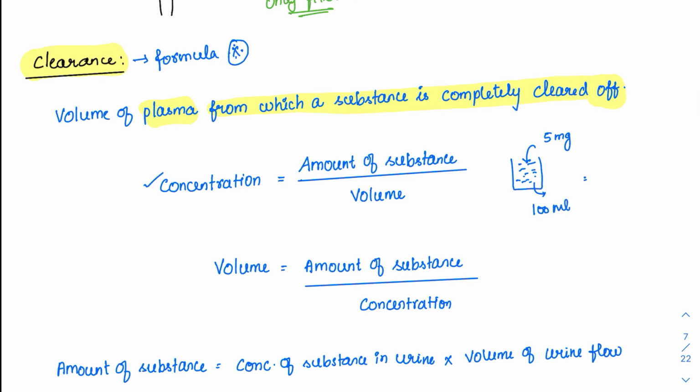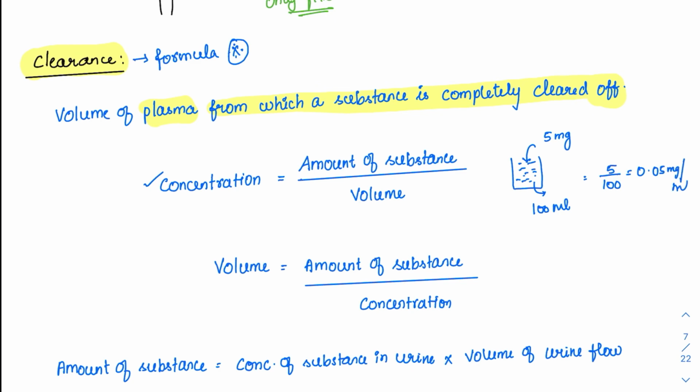You will tell me it is 5 divided by 100, which is 0.05 milligram per ml. For every ml, this much amount of dye is added here. So for identifying the concentration, we put the amount of substance in the numerator and the total volume, that is 100 ml, in the denominator.